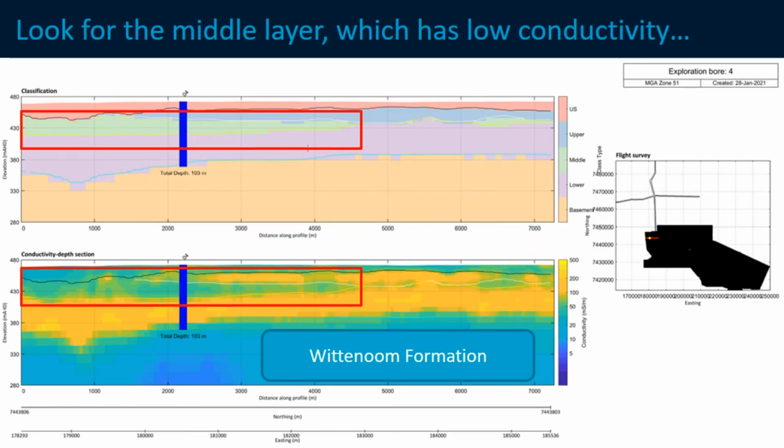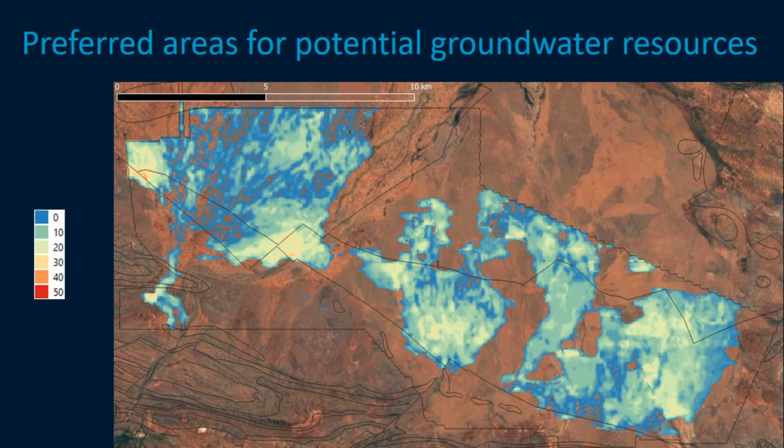Look for the middle layer. Okay. Oh, so that middle layer, I've stepped through too many slides and I did miss a slide, so I'll try to recover myself here. That middle low conductivity layer, I interpreted across the entire survey, and then I grid out what its thickness is in the entire survey. So I've called this middle aquifer layer, middle alluvial or middle aquifer.